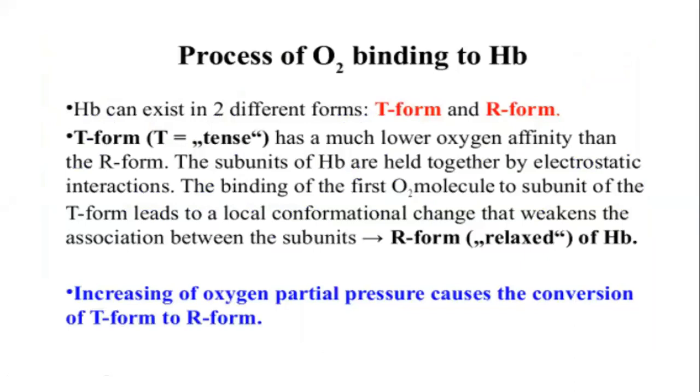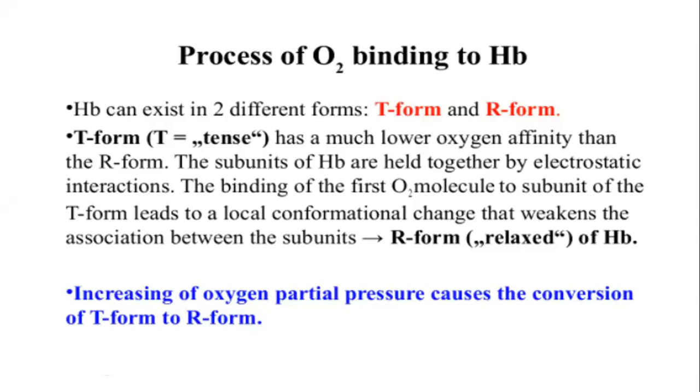Now, because of the two types of bonds, the hemoglobin structure can exist in two different forms. It can exist in a form we call the T form, or tense form, or an R form, which is a relaxed form of hemoglobin. So when you have the bonds with no oxygenation, the hemoglobin is more tense.